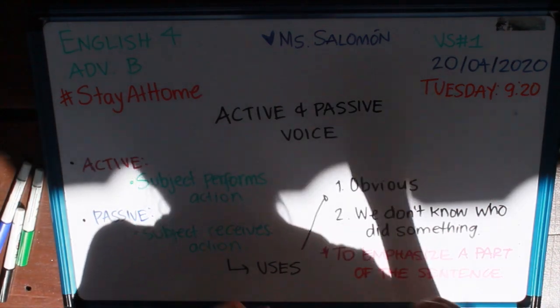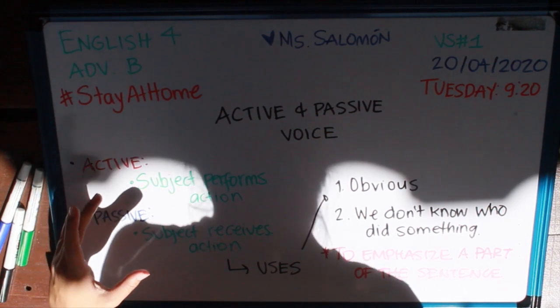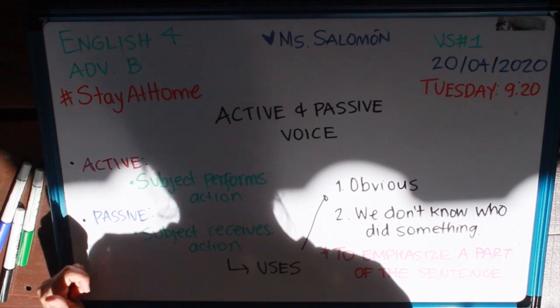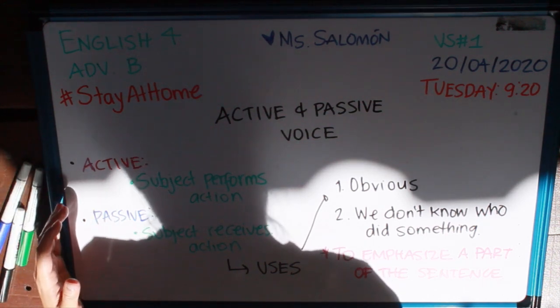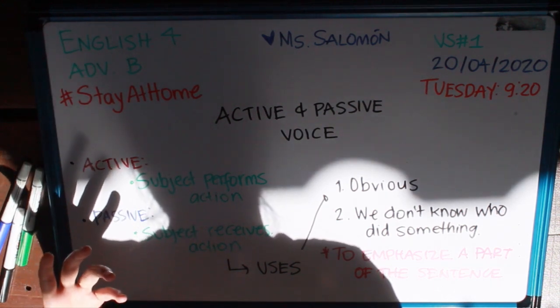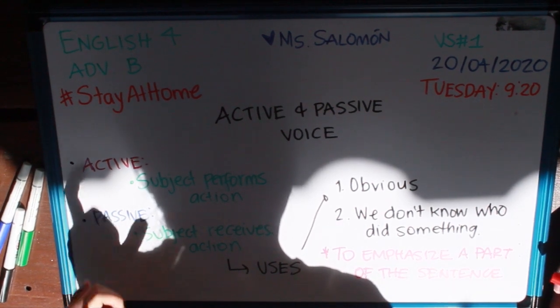So, active and passive voice in a nutshell is the following. We use the active voice to emphasize that a subject performs the action given by the verb, and we would use the passive voice to say that the subject is the recipient of the action, or that the subject is receiving the action. We would use the passive voice to emphasize a part of the sentence.